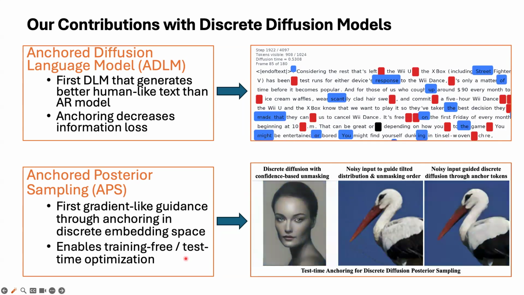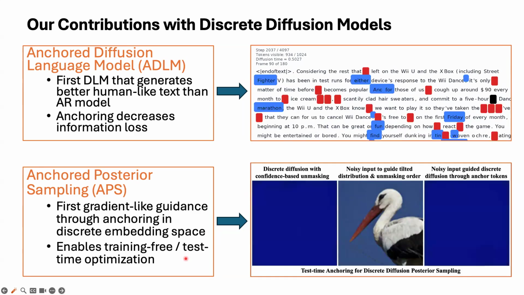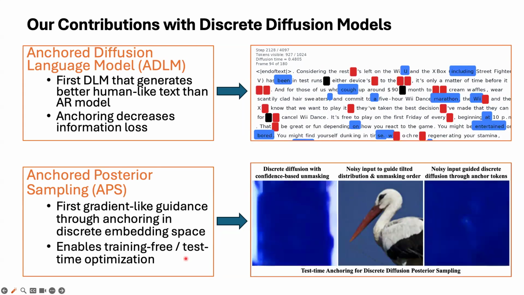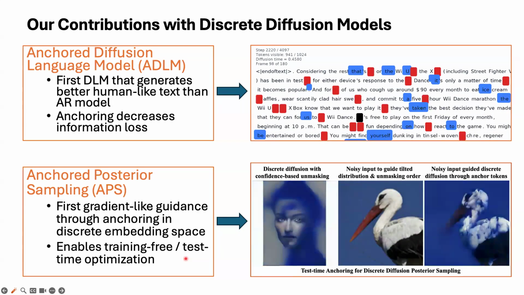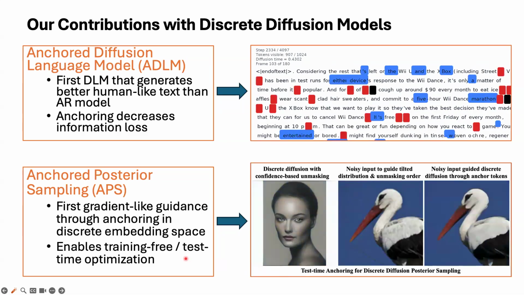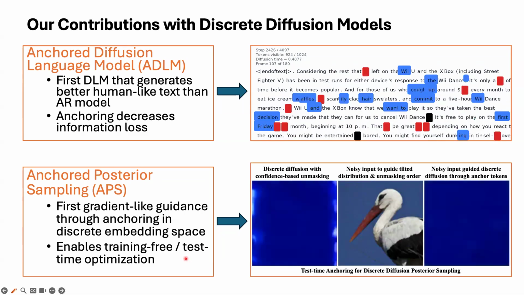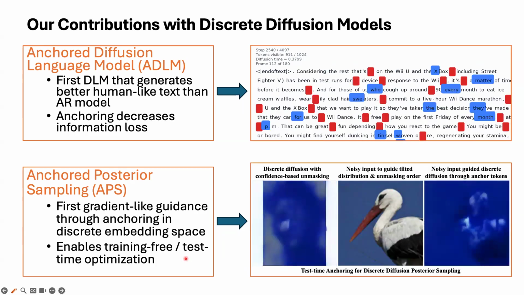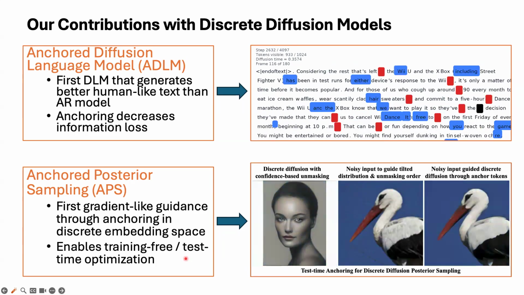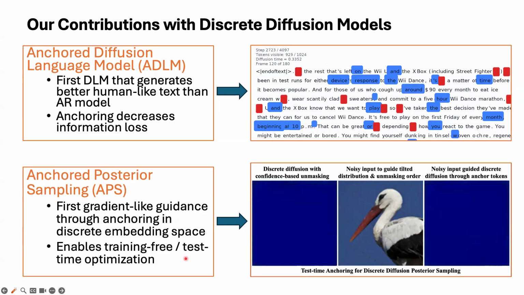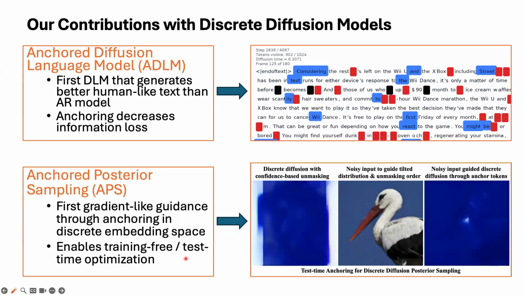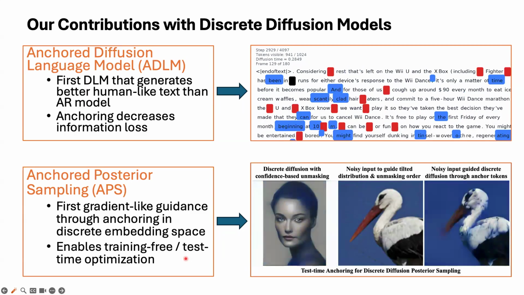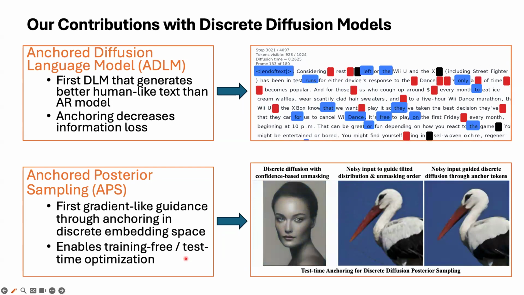The other problem I talked about is lack of gradient guidance. I'm not going to talk about it very much today, so I'll spend a few minutes just telling you what it does. This is a discrete diffusion model for images. If you give it a prompt, it generates a high quality image. Let us look at the way this image is being generated.